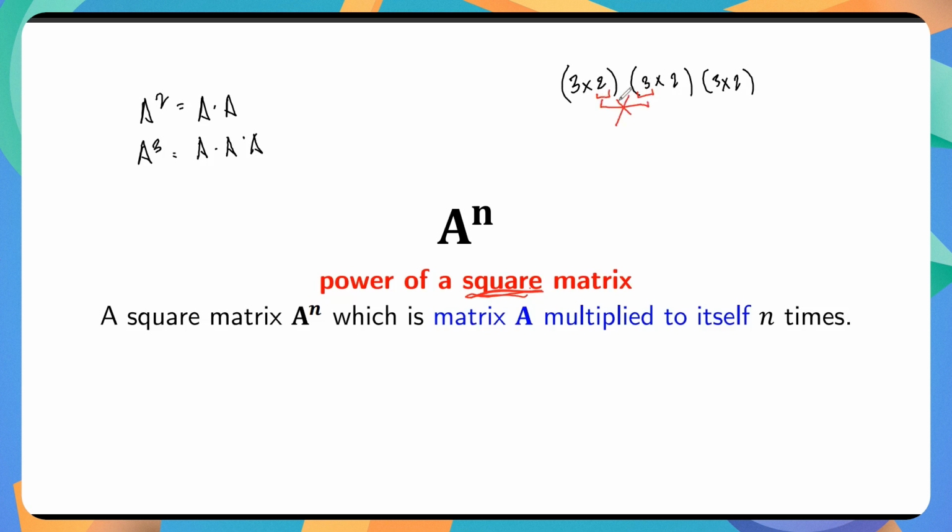So it's incompatible and you cannot do matrix multiplication. Whereas if you have a square matrix, let's say a 3 by 3 one, you can multiply as many as you want, because regardless, you have the same number of rows and columns here, which means it's compatible and you can apply matrix multiplication over here.